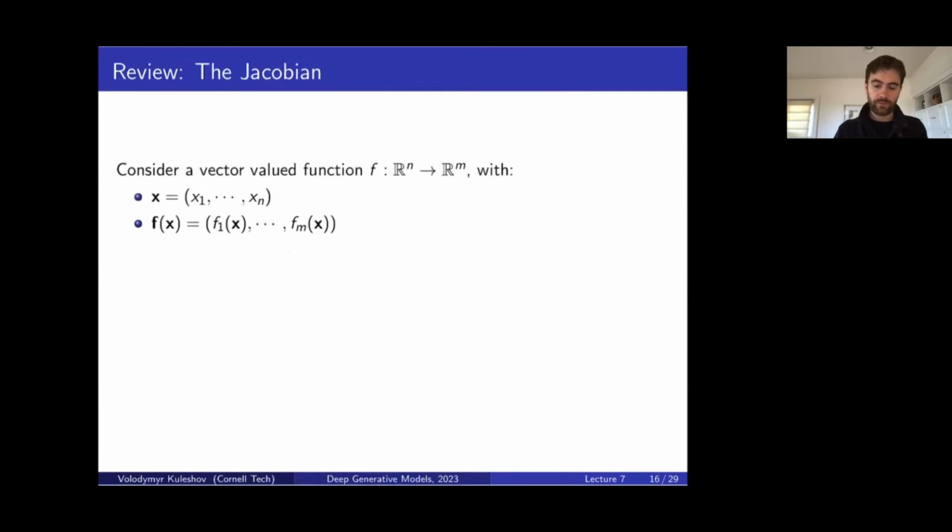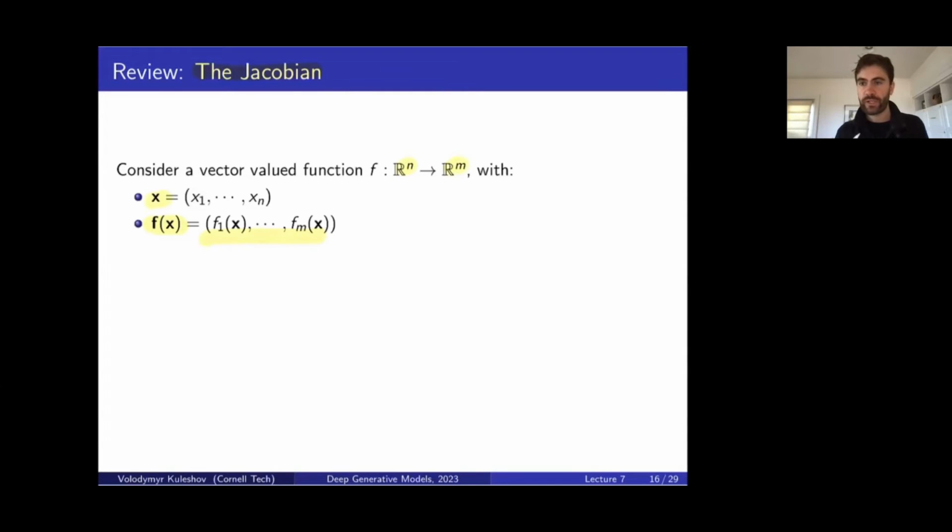Let's remind ourselves what it is. Again, this is something you should remember from Calculus 3, but the Jacobian is the matrix of all the derivatives of a multivariate function F. So F here is a vector valued function. It takes as input a vector, and it also outputs a vector. So it's a mapping from an n-dimensional space to an m-dimensional space.